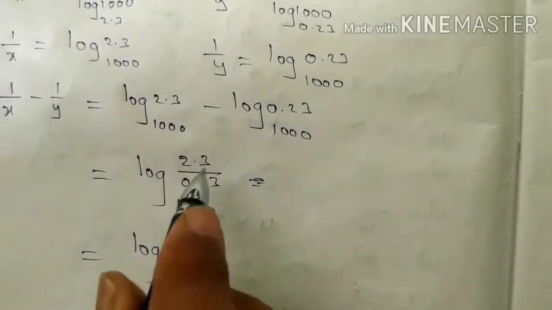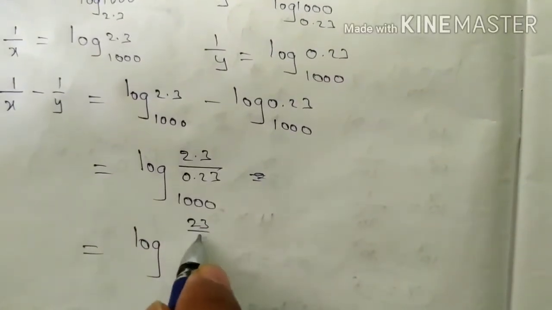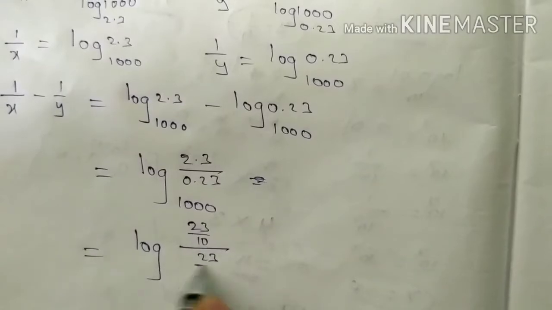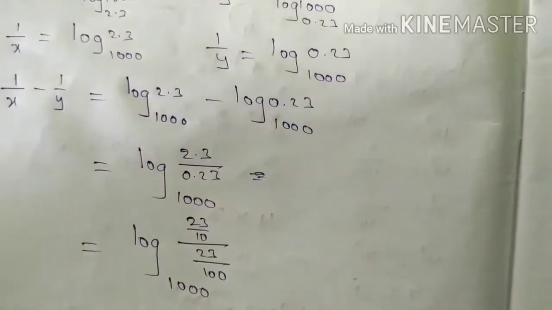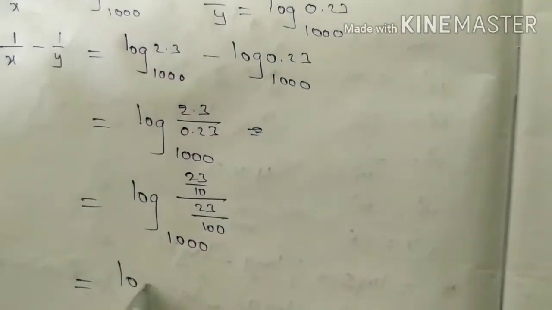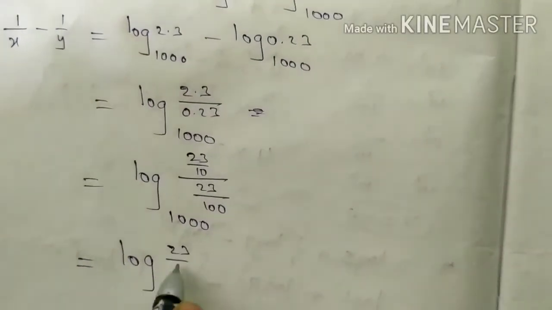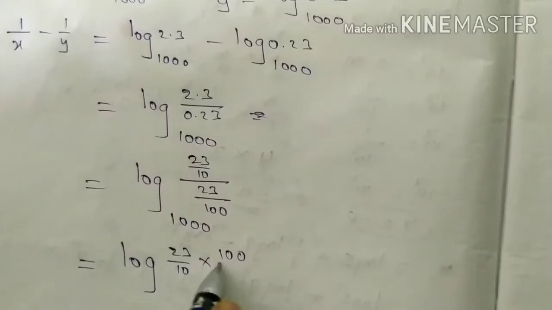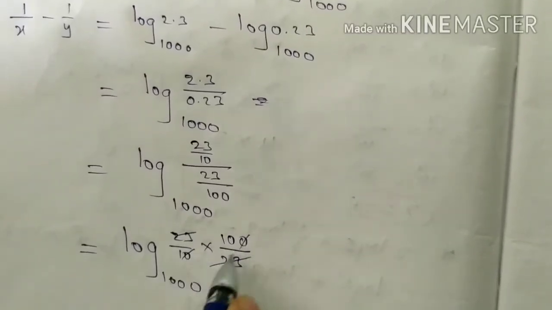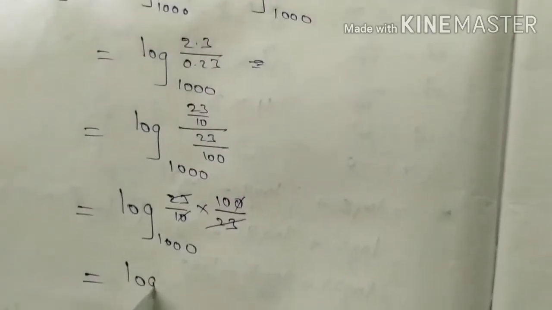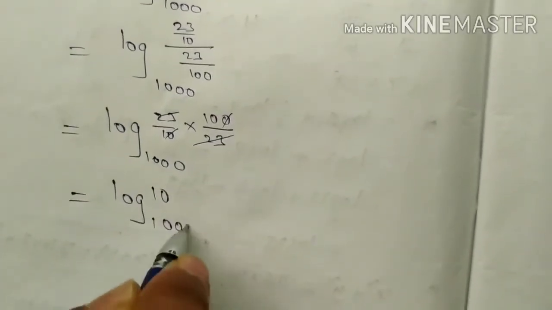Here it is written as 23 by 10 by 23 by 100. Decimal form converted into fraction form. Now log 23 by 10 into reciprocal 100 by 23. Here 23 cancels, 0 0 will be cancelled. So what you got? Log 10 to the base 1000.